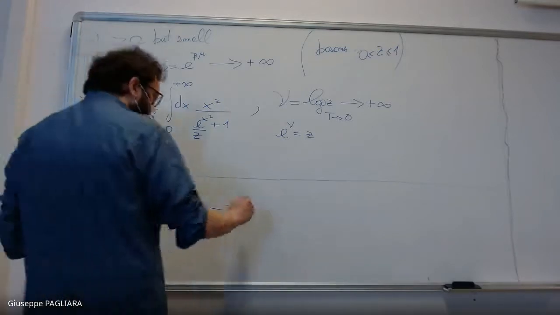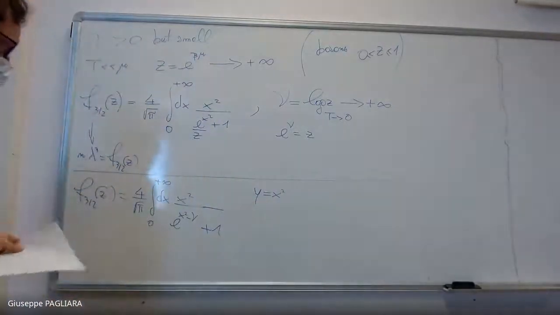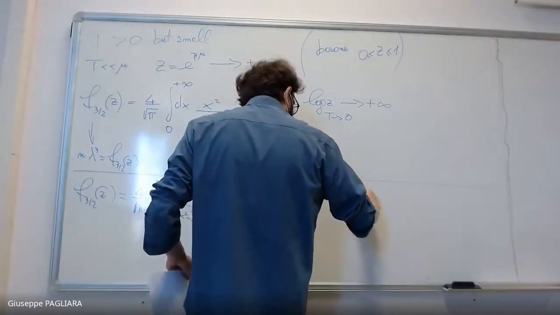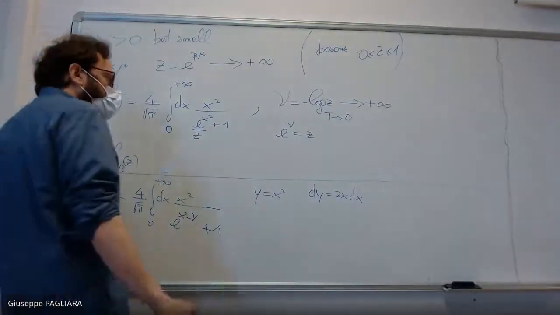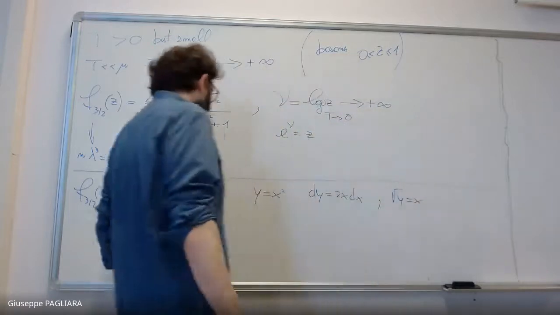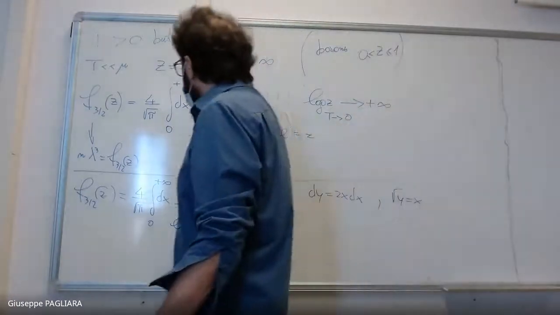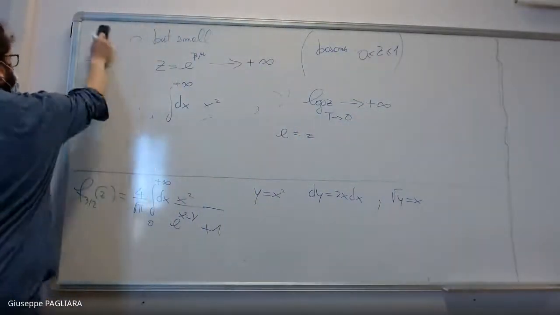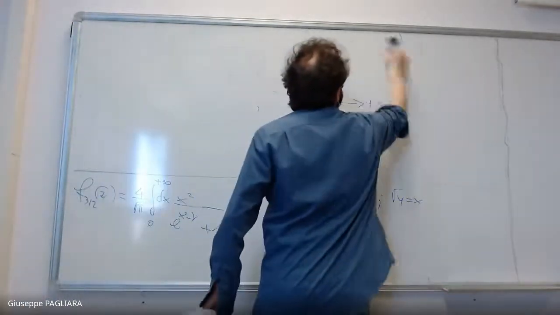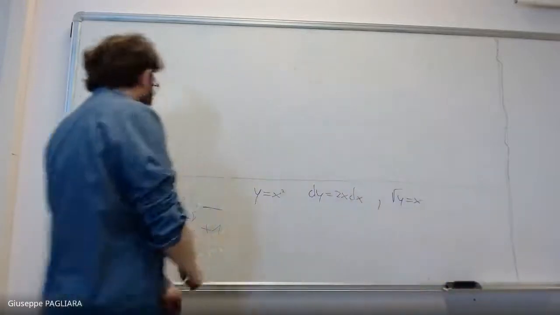First of all, let me introduce a quantity y, which is equal to x squared, so 2y dy is 2x dx, and square root of y is equal to x, and this integral now becomes simply the following.